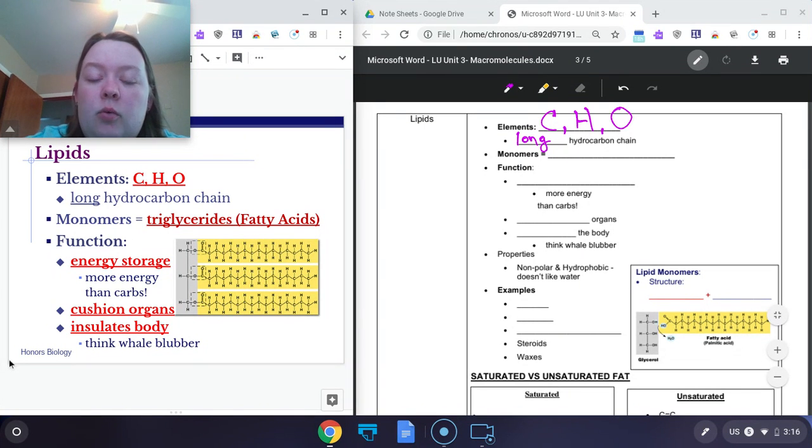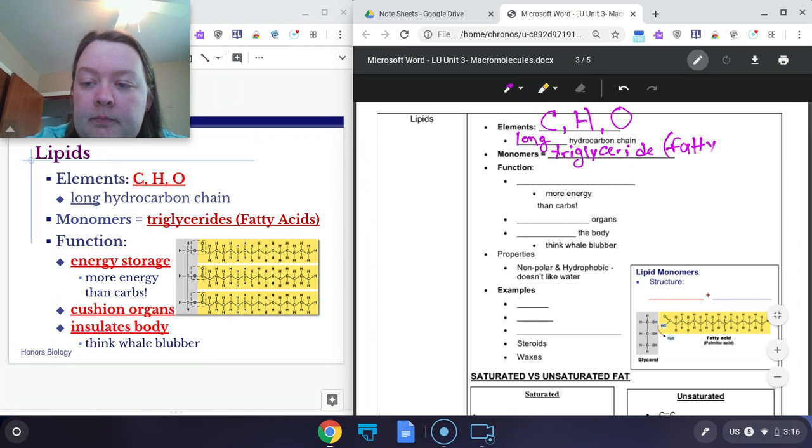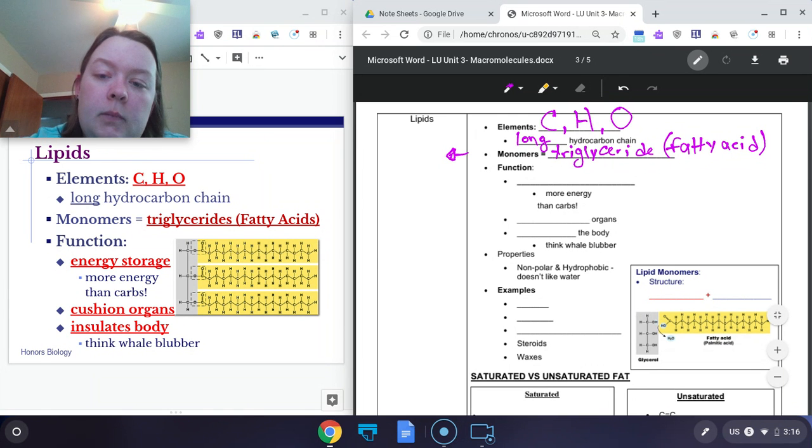Now, the monomer or the building block of a lipid is called a triglyceride. A triglyceride is a fatty acid. One way that you can remember this, we have a little memory trick over here for you.